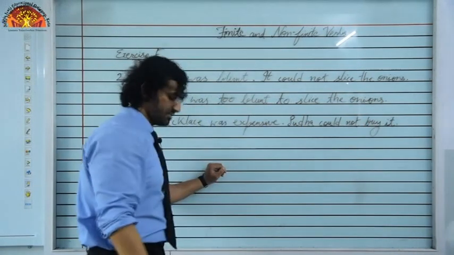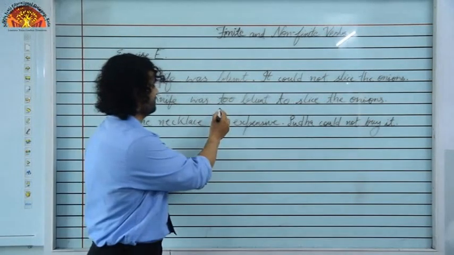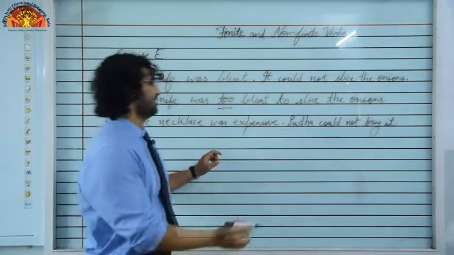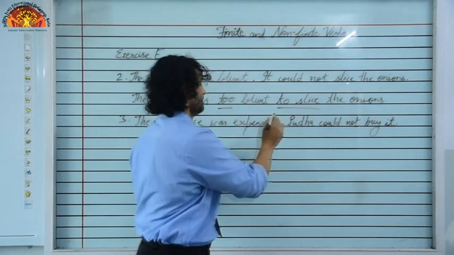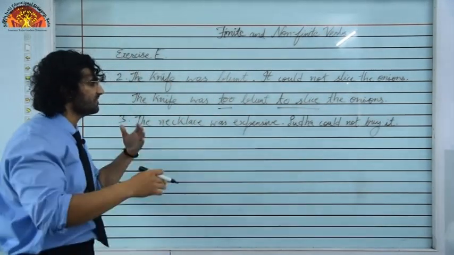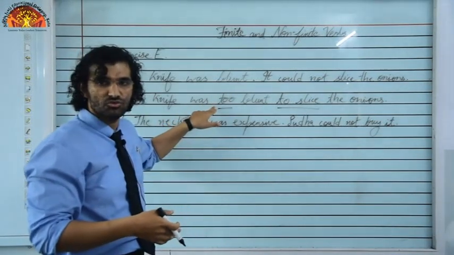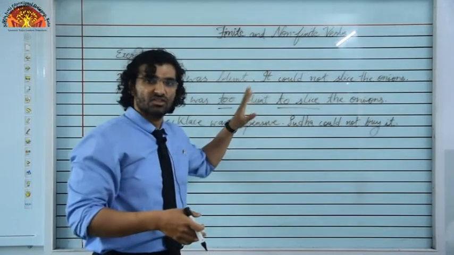The knife was too blunt to slice the onions. So we have used this to with the infinitive to slice. We have joined these two sentences with the help of this to and to slice, this infinitive.